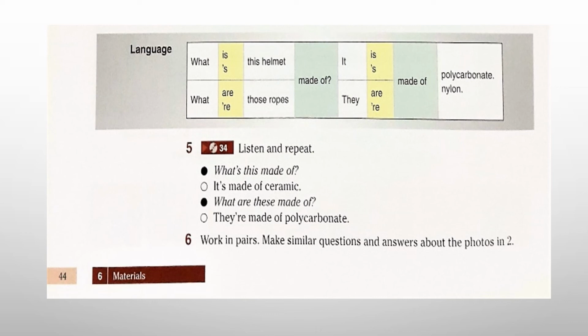Okay, so what we are going to do is look at the pictures we had in the previous exercise. We can make questions and answers similar to these. We can say, what's this made of? For example, if we're talking about picture number 3, what's this made of?